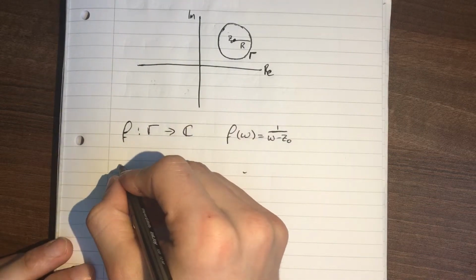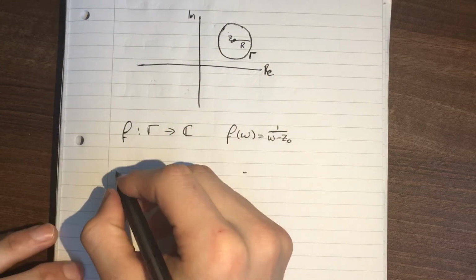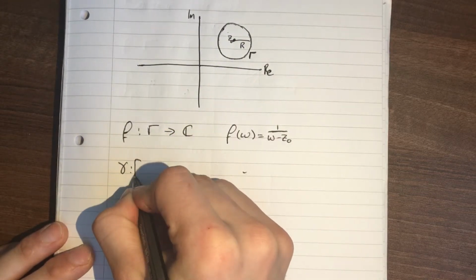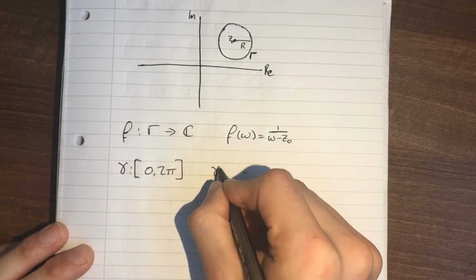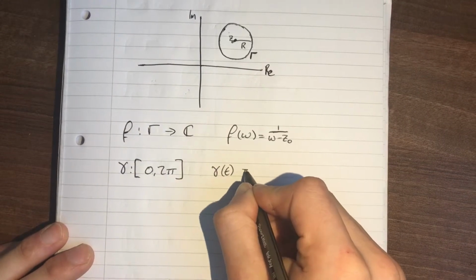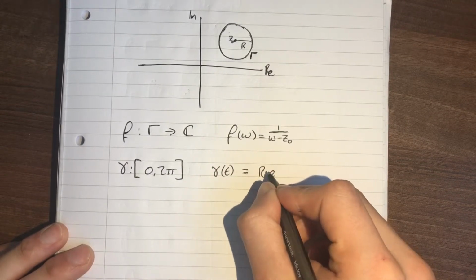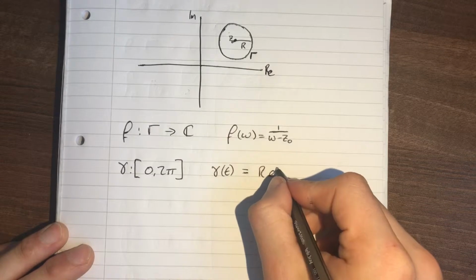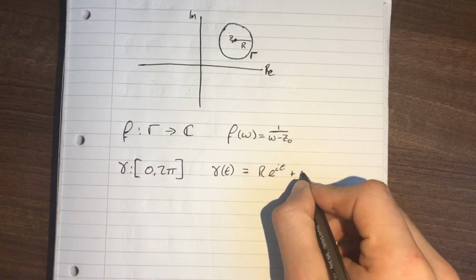So we need to think of a function that's going to take us around this circle. The most basic one just goes from 0 to 2 pi, where gamma of t equals r times e to the it plus z0.